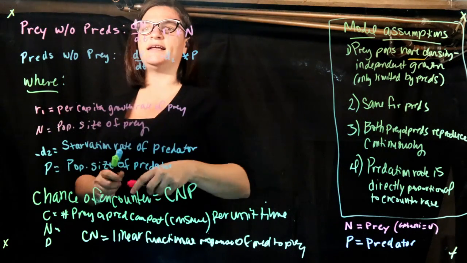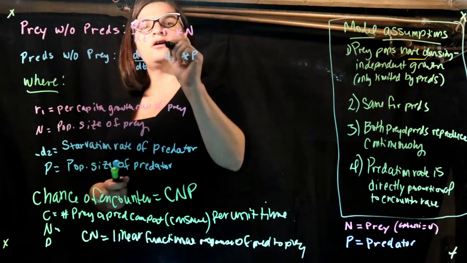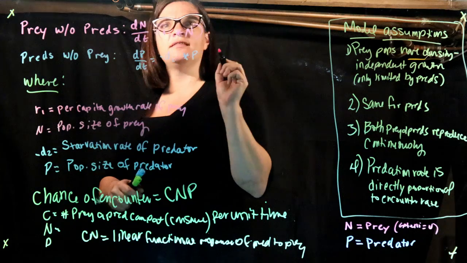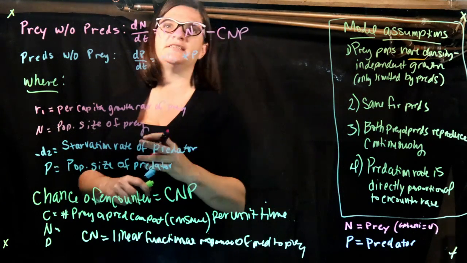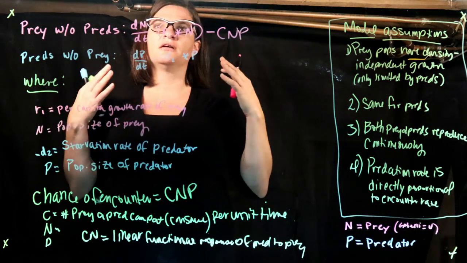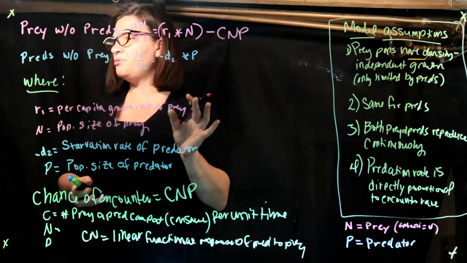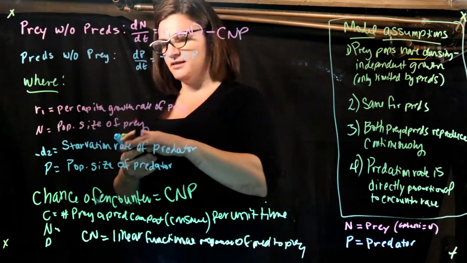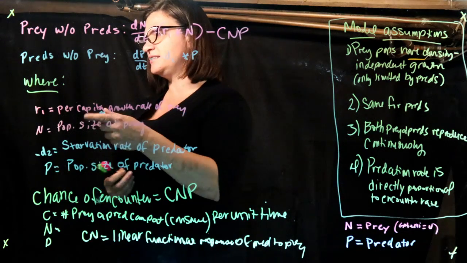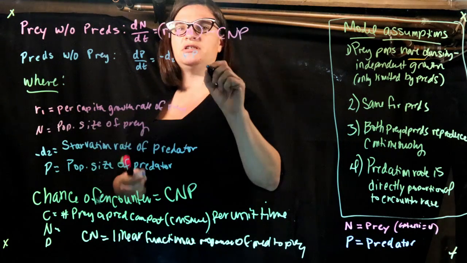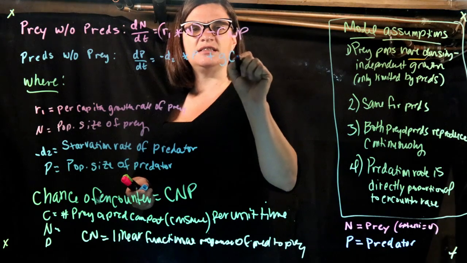Okay, so let's add in that CNP here. For the prey, that just means we decrease their population growth by this encounter rate. For predators, it's instead adding to their population growth, which makes sense. And what we do is we call this plus GCN.